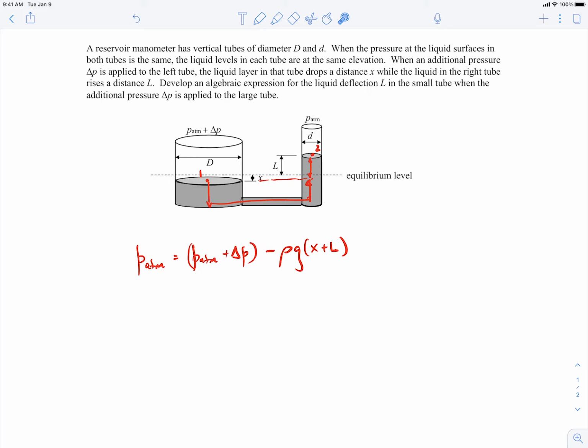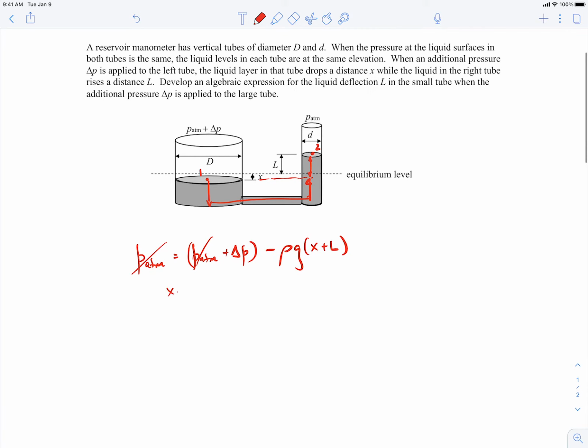And it's a negative because we're moving upwards. We're removing some weight, so we don't need as large a pressure. All right, so now we can simplify this relation a little bit. You see the P atmospheres drop out, and then we'll have X plus L is equal to delta P over rho g.